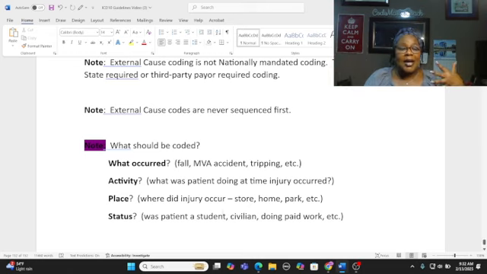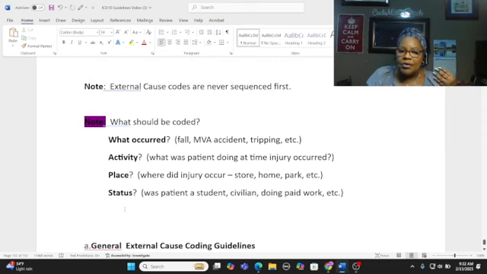We're looking at not just civilian or military, even student, or were they doing something that they were getting paid for, to show workers' comp injuries, such as that. So again, we're looking at four things: what occurred, activity, place, and status. Those are the four things you look for with external cause codes.